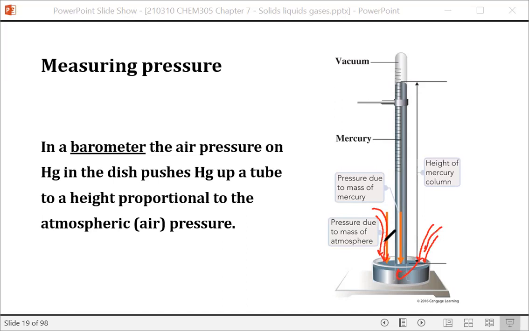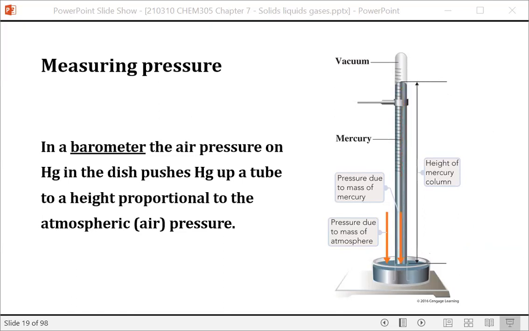If there's more atmospheric pressure, it pushes the mercury higher up the tube, and we get a higher pressure measured in millimeters of mercury, based on how high up the tube this mercury column goes. Or if there's less pressure in the atmosphere, then the level of the mercury inside the tube drops and we get a lower pressure reading.